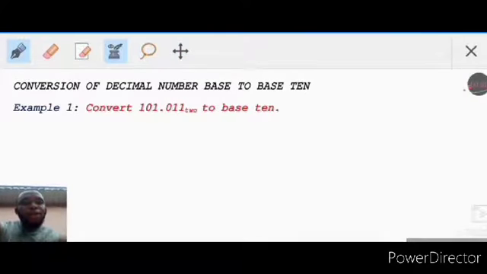Okay, convert 101.011 base 2 to base 10.